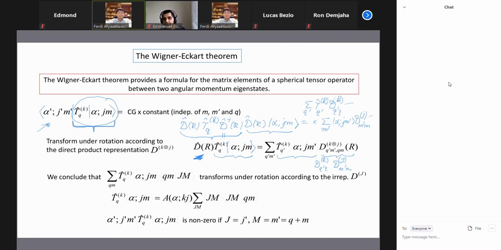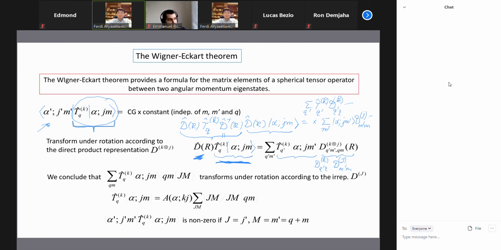That's the definition of the direct product representation. So again, we see the same kind of thing. This state, which is a product of a tensor operator and an angular momentum state, transforms under rotation according to the direct product representation, just like the product of two angular momentum states and the product of two spherical tensors.